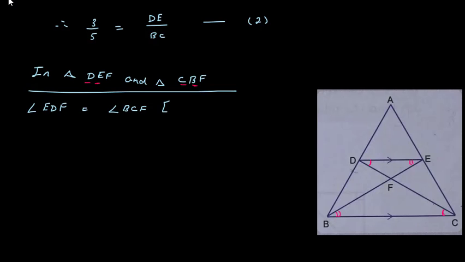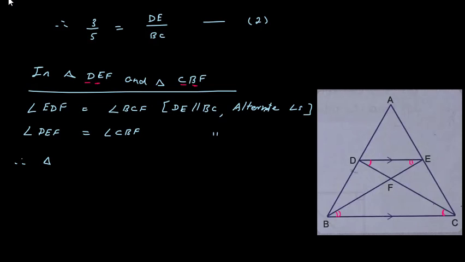The reason is that DE is parallel to BC and they are alternate angles. Similarly, second, angle DEF is equal to angle CBF. Here also the same reason applies. Therefore these two triangles are similar.